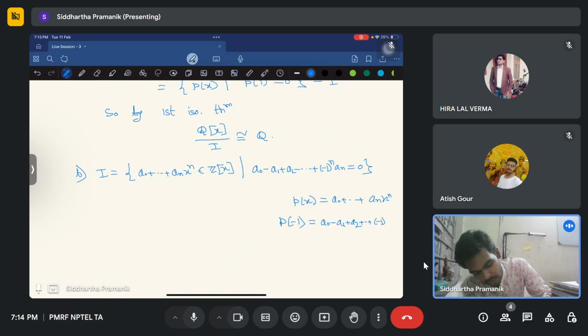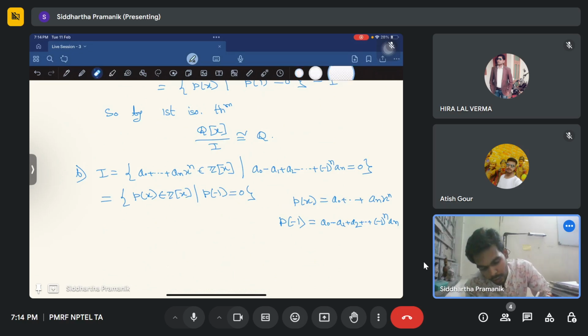So this is (minus 1) power n times an. So your I is basically the set of all those polynomials such that p of minus 1 is 0.